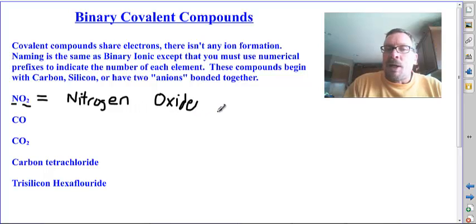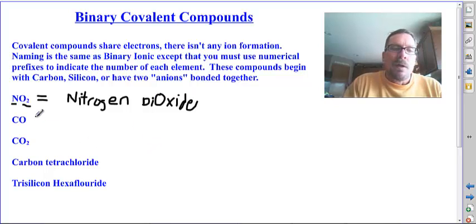For the second element, regardless of the prefix, I always have to write it. If I had 2 or 3 or 4 of the first element, I'd have to write the prefix, but I don't for the 1. I have 2 oxygens, and that prefix is di. So this compound becomes nitrogen dioxide. That's the proper way to write it.